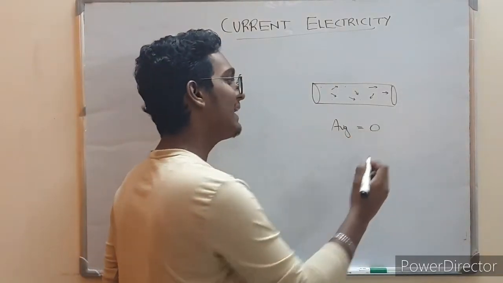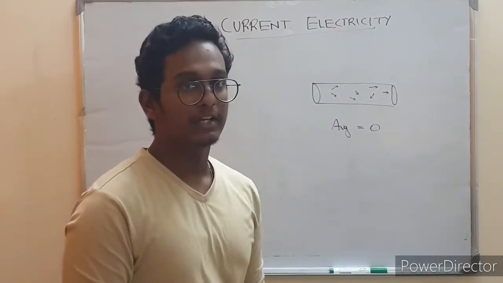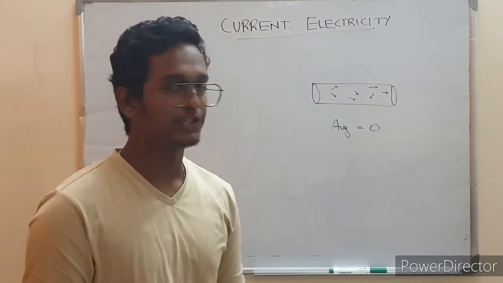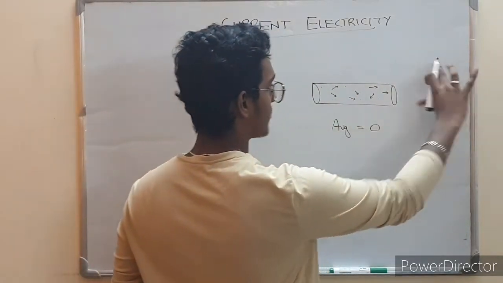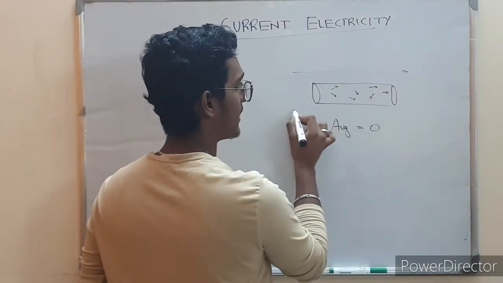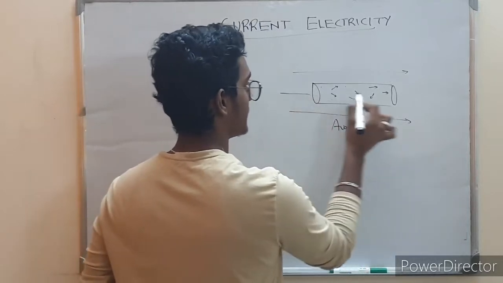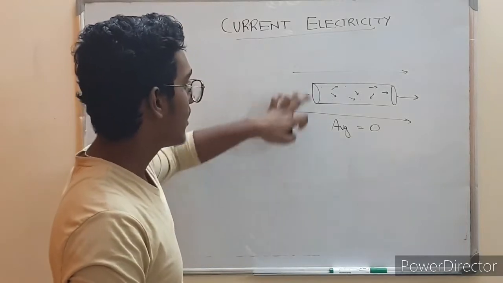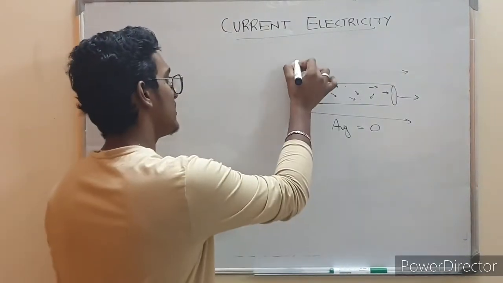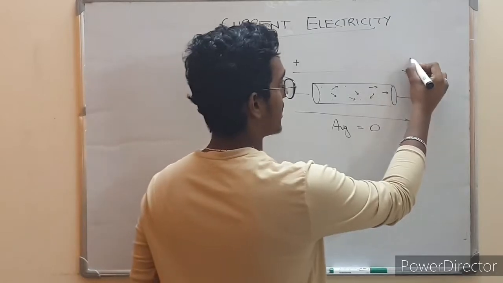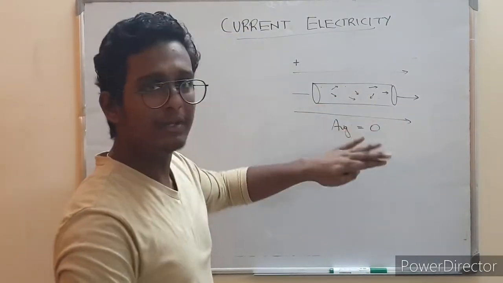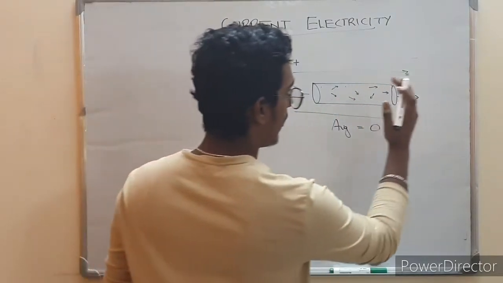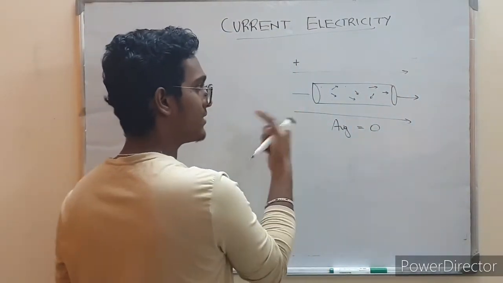But when you apply an external electric field, the purpose of this electric field is to orient the electrons towards any one direction. So let's say you are applying the electric field in this way. The external electric field is in this direction, left to right. And as we already discussed, the left side of the electric field is positively charged and the right side is negatively charged. That means electrons over here, being all negatively charged particles, would want to go towards the positive side. So all their velocities get shifted towards the left.